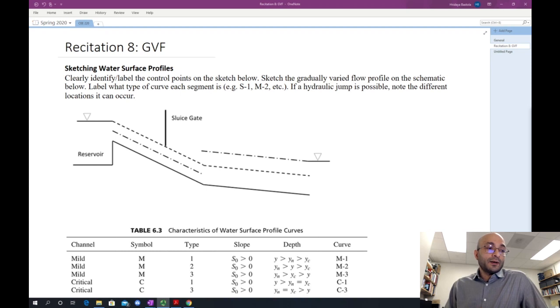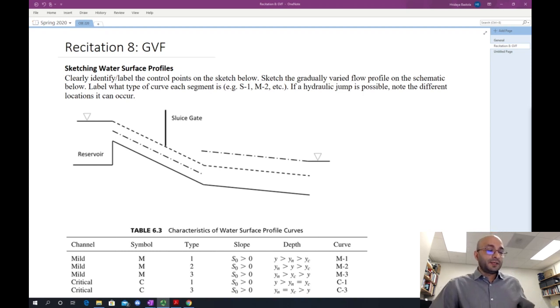So sketching water surface profile is our solution to where the water surface will be for instances where the water surface is changing because of various reasons, and mostly in this case we're concerned about the water surface change due to change in channel bed slope.